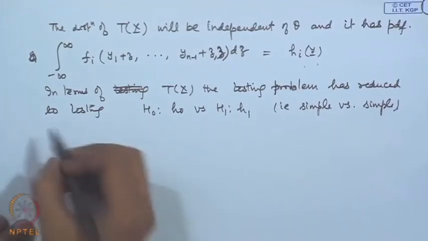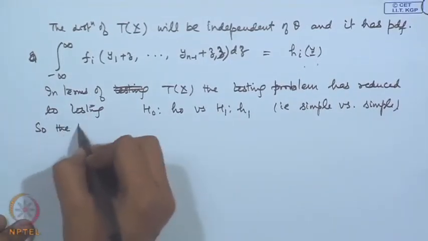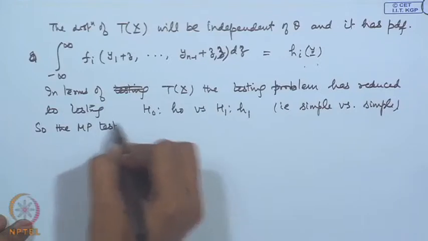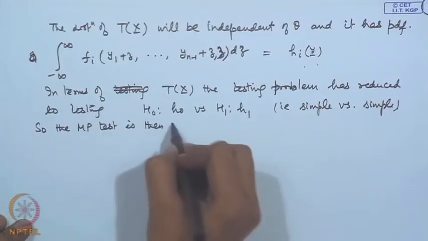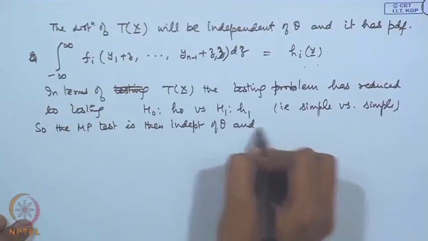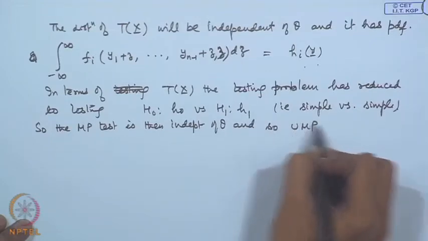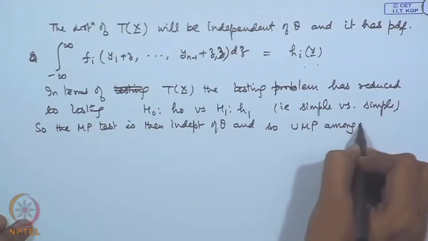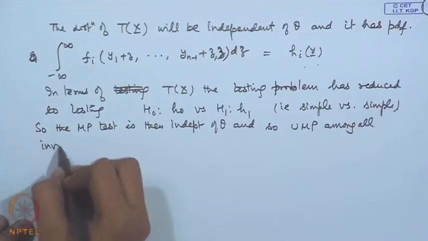So the most powerful test is then independent of theta, and so it is UMP among all invariant tests.